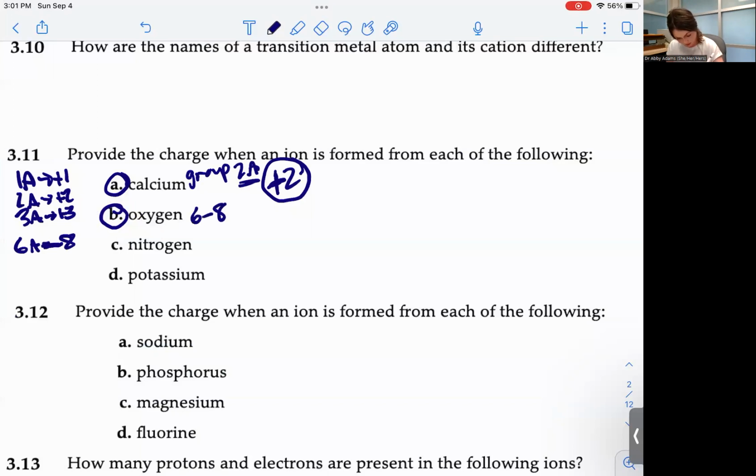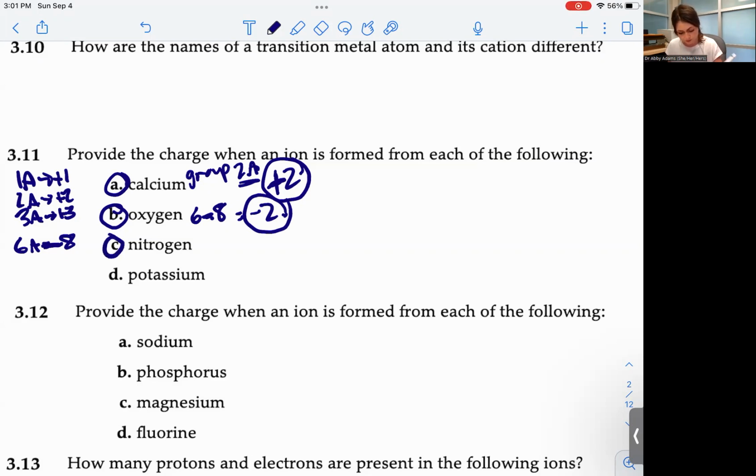They're just trying to get to an electron configuration where they have that outermost energy level filled. So it's easy to just gain a few electrons for oxygen. It's really close to that end of the periodic table that's stable.